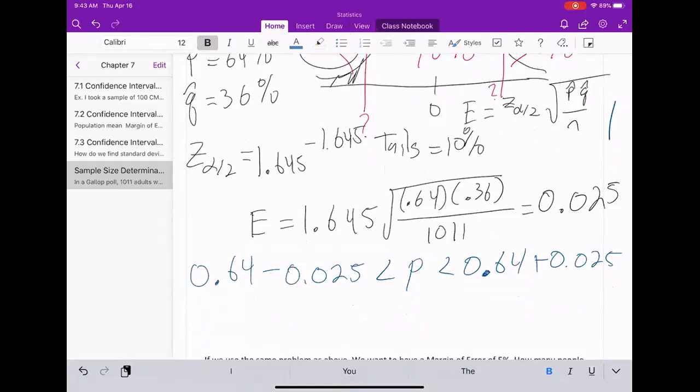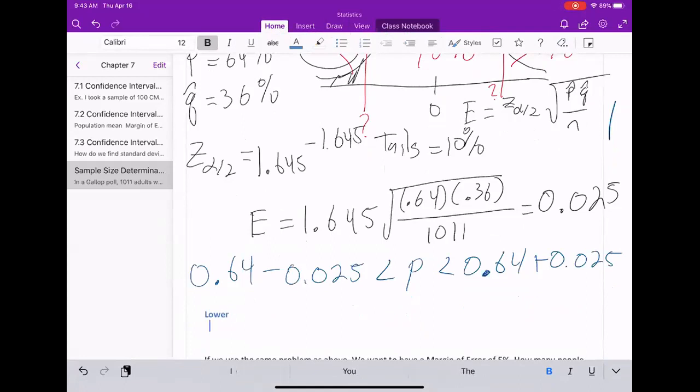That will give me a lower of 0.64 minus 0.025.